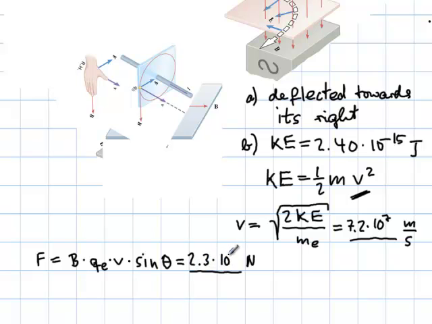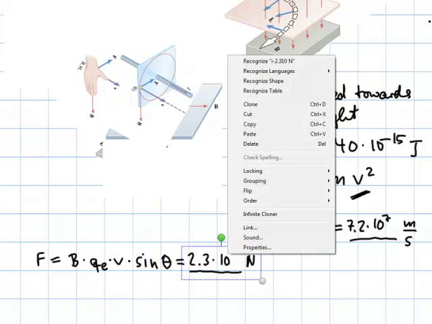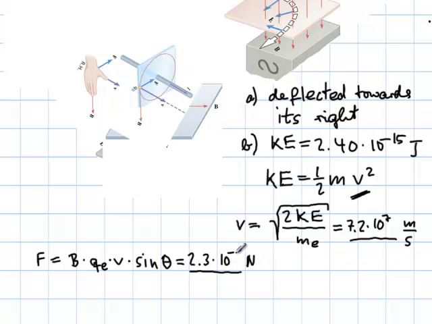Now, a moment ago, that velocity seemed extraordinarily large, and yes, the electrons are that fast. In this case, the force seems extraordinarily small, but that's because the electron is so tiny, so it's just going to be a little force on a small mass.